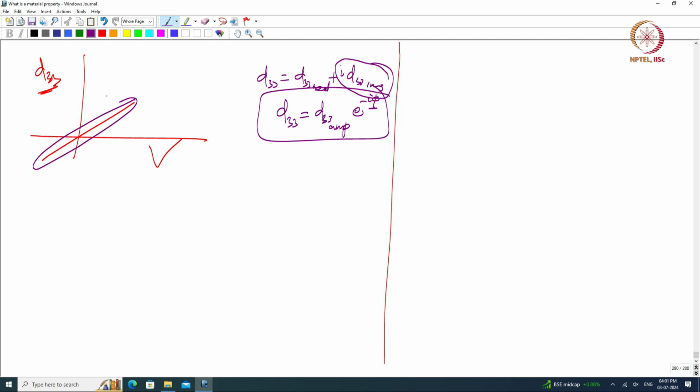So, this is a real material, and this is always the ideal material. Now, instead of D33, sorry, this is displacement or strain displacement delta, right.